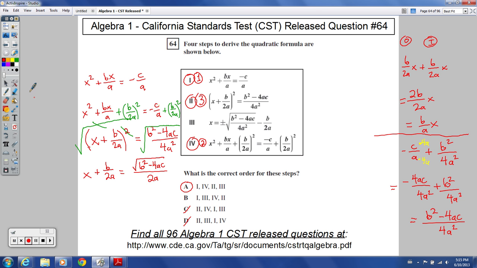And then subtracting b over 2a from both sides, you would have x equal to negative b over 2a plus the square root of b squared minus 4ac over 2a. And if I just flip-flop this part with this part, I would have exactly what I see here, the square roots. And I can think of this as plus or minus.